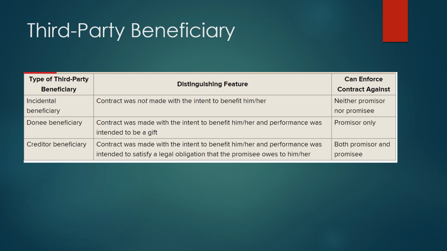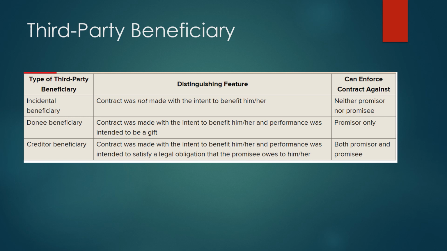So I'm going to make a contract with, instead of paying you money, I am going to do services for Steve. And I'm going to say, Steve, the whole intent of this is so that you can pay for the money that I owe. And both of us know that it's meant to benefit you because I owe you money. You could go after both Steve and I because it's a creditor beneficiary.